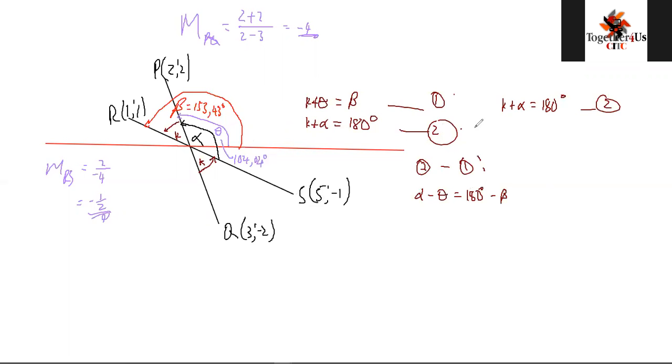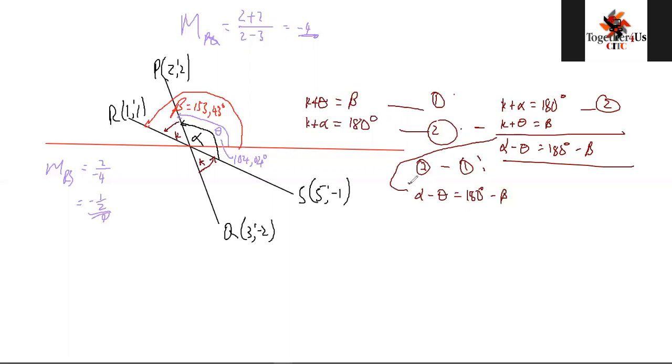And I want to subtract, basic subtraction, guys, column subtraction if you may like, but it is known as elimination, guys, from simultaneous equations that you did in grade 10. So kappa subtracts kappa, I'm left with nothing here. Now, alpha minus theta is just alpha minus theta. 180 minus beta is just 180 minus beta. That's how elimination works. So that's how I got here.